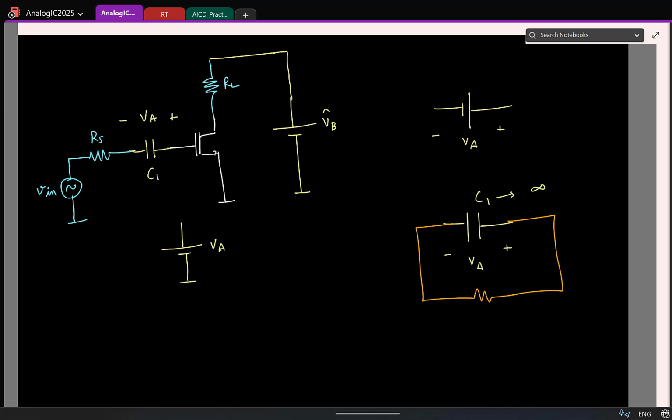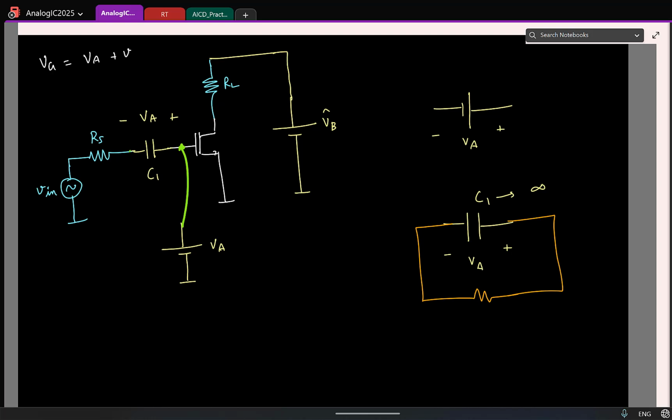Now I want to make sure that the capacitor is charged to VA. So what do you suggest we can do? I connect. Looks like this is what I should do. But if I do that, what can you say about the total gate voltage? This voltage source will go and fix the voltage at the gate to be VA. But is that what you want? What should be the total gate voltage?